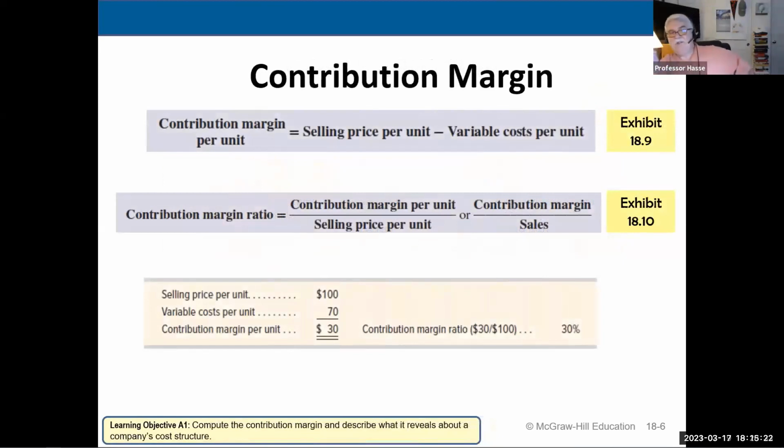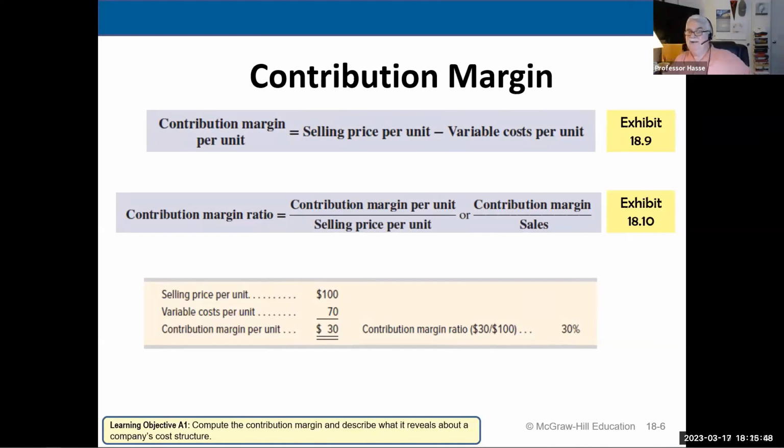So as I said in the video, we want to concern ourselves with what is our contribution margin. It's the difference between our selling price per unit and our variable costs per unit. And by that, we can get what is called the contribution margin ratio. What percent is that margin of total sales? For example, here's a company that sells their product for $100 per unit.